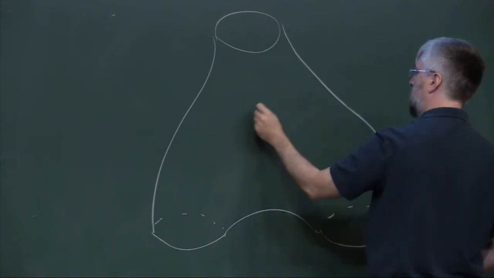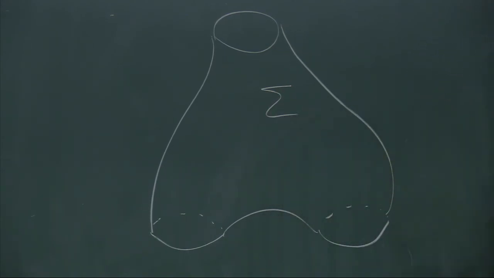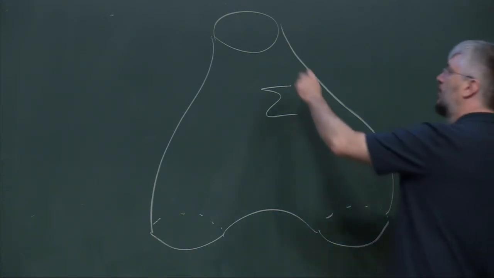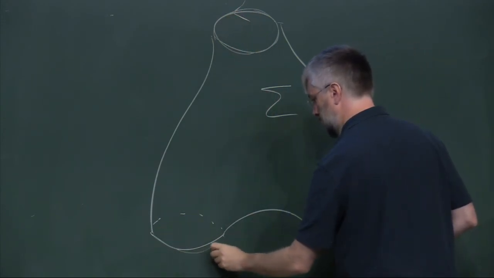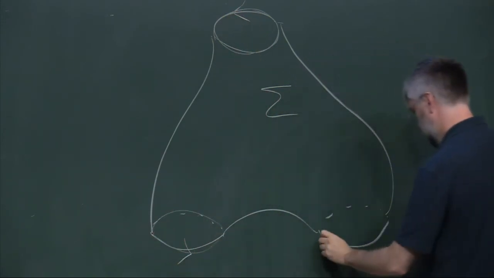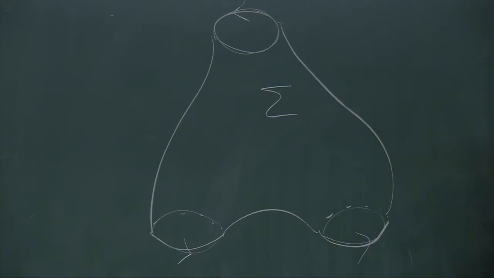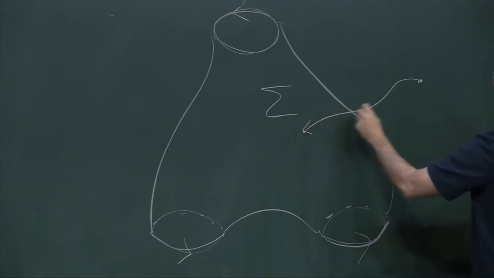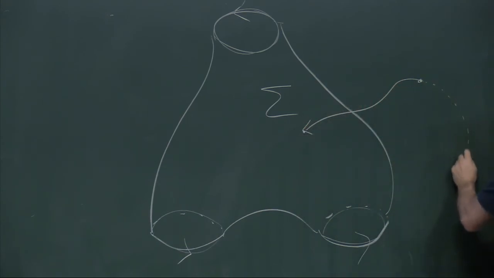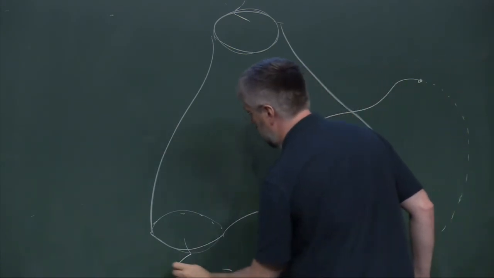So here's my surface, sigma. And we assume that each boundary circle is a Reeb orbit. And for any other point in the three-manifold, if you follow the Reeb vector field forward in time, you will eventually hit sigma. And if you follow the Reeb vector field backwards in time, you'll also hit sigma.